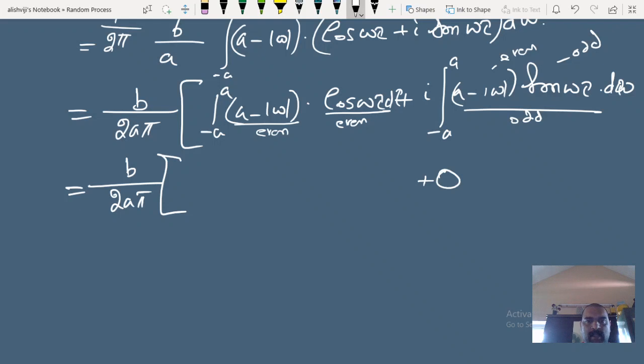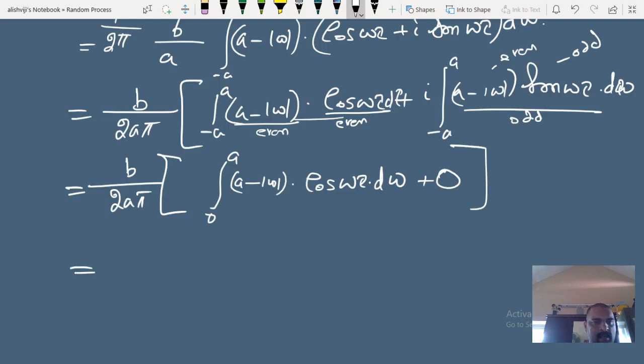So its product is an even function, and the integral from minus a to a of f of omega d omega can be written as twice the integral from 0 to a of (a minus mod omega) cos omega tau d omega.